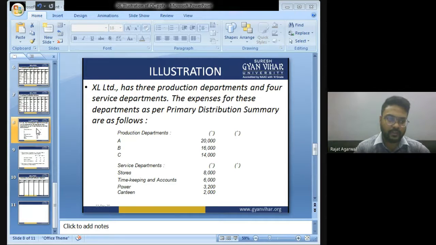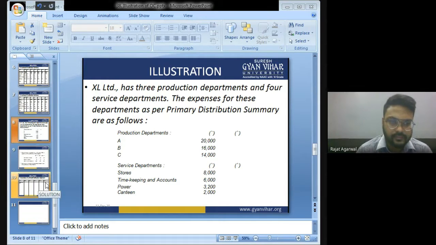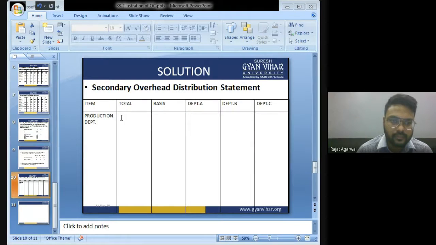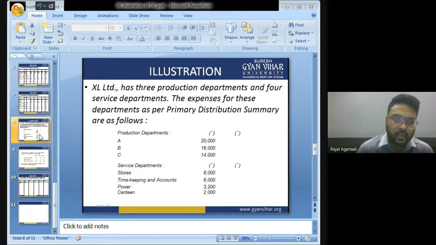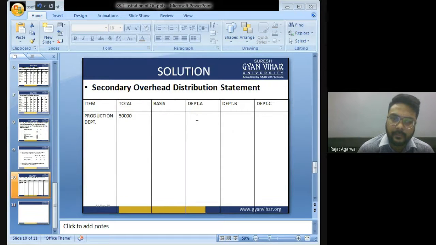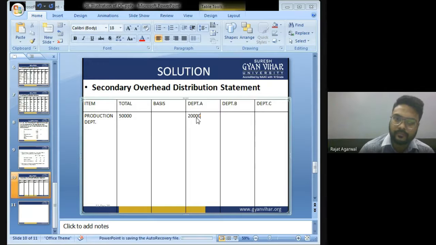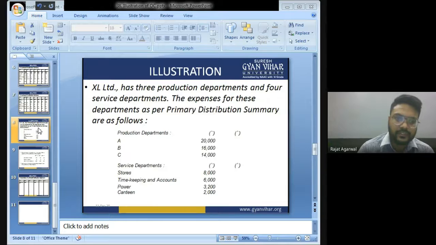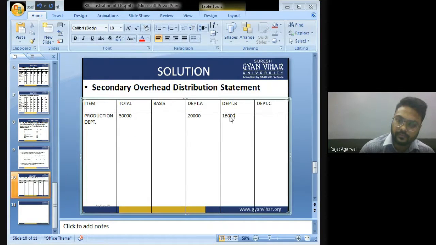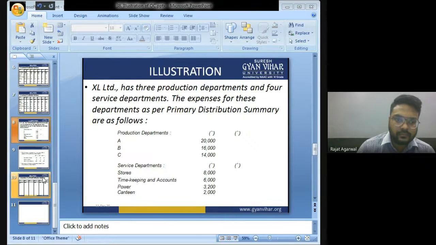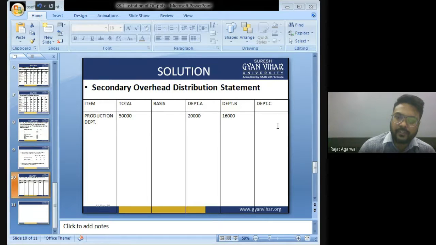That is 50,000. Total is 50,000. We already distributed 20,000 in department A, 16,000 in department B, and 14,000 in department C.